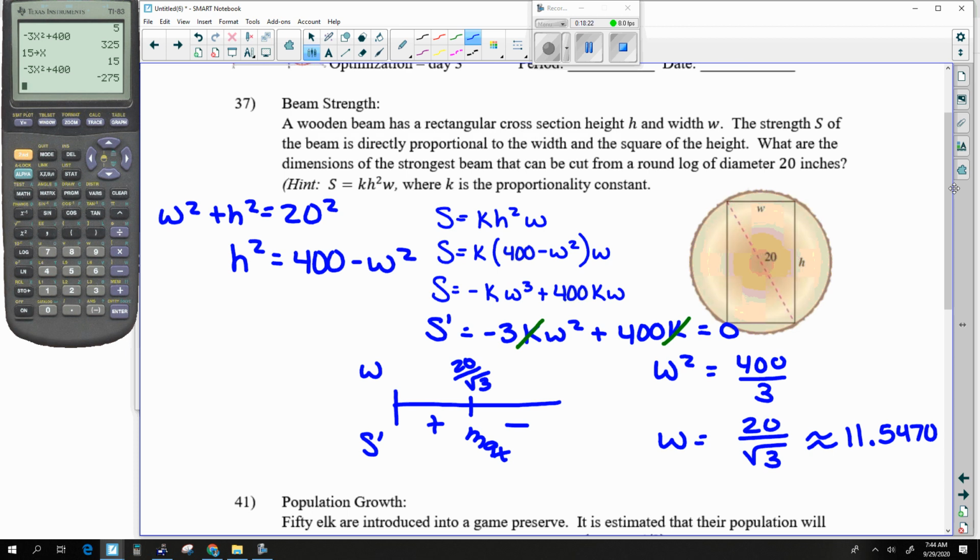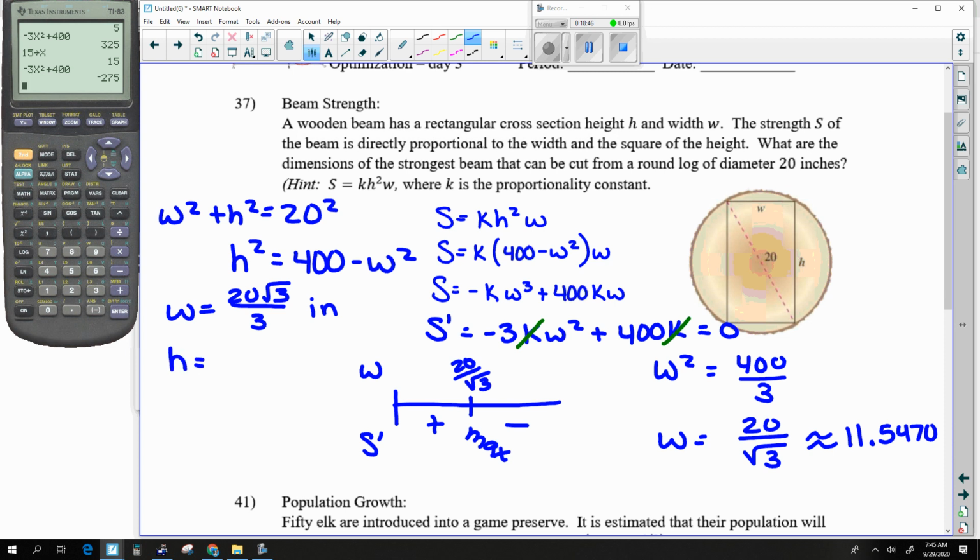Okay, so what are the dimensions of the beam? So W is equal to 20 root 3 over 3, which again, whatever, is inches, and I believe the, I guess maybe not the height, I don't know, we'll figure it out.